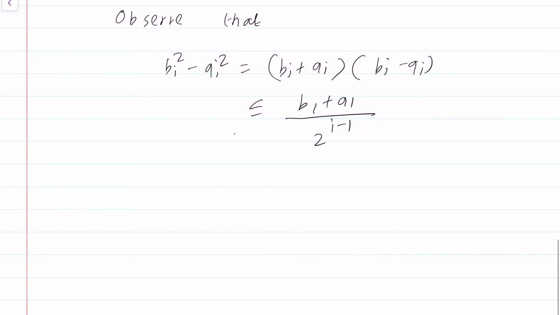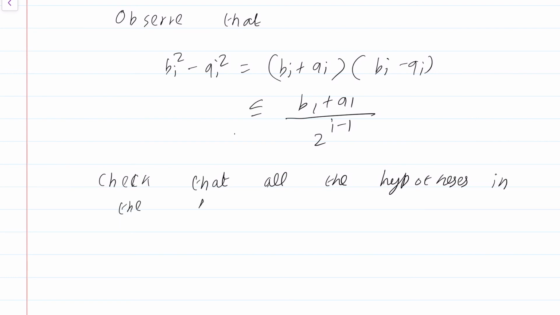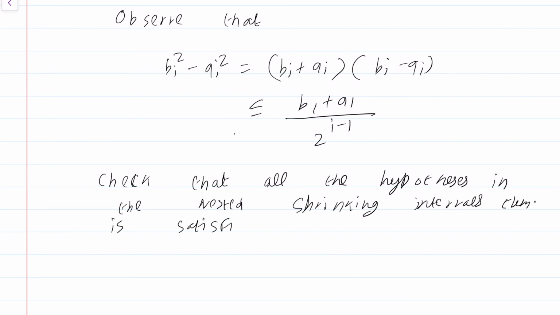Okay, now check that all the hypotheses in the nested shrinking intervals theorem are satisfied. Therefore, the intersection of [a_i², b_i²] is a single point.